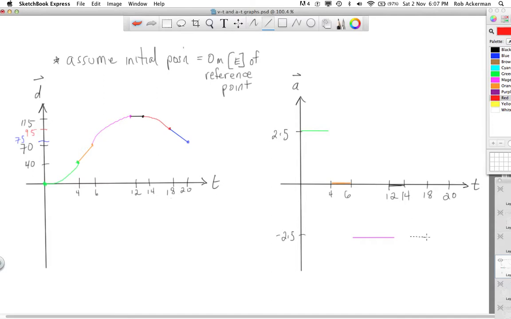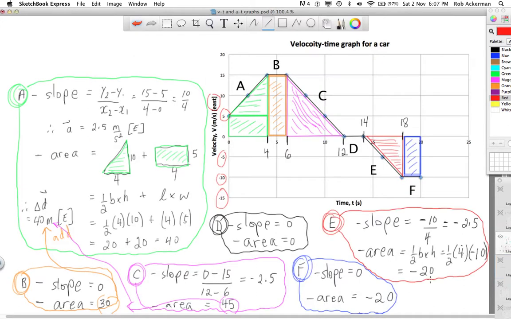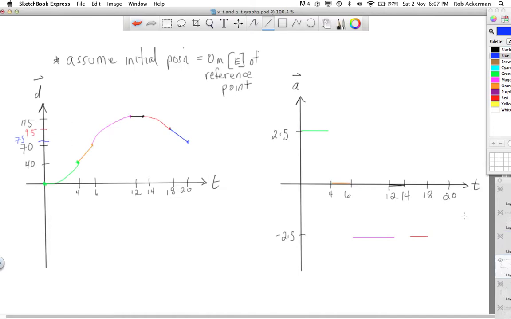Negative slope 2.5, lasting those 4 seconds. And finally, 0 slope lasting 2 seconds, blue. Okay, and there you go.